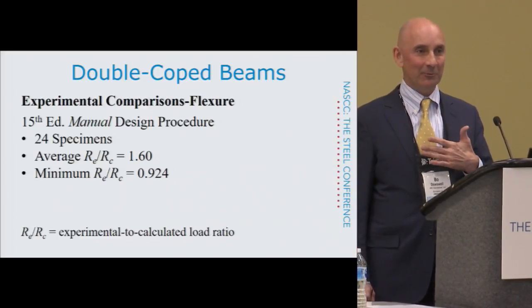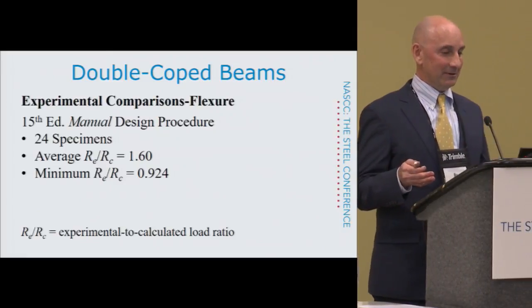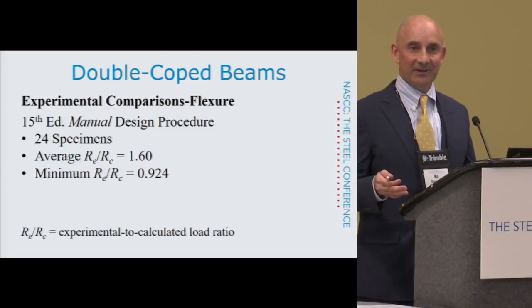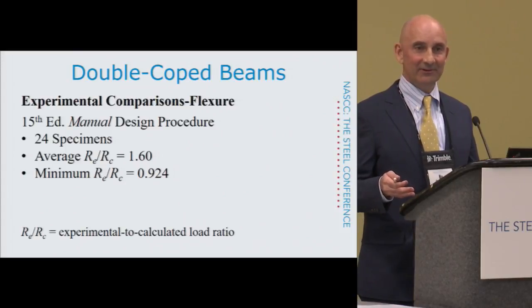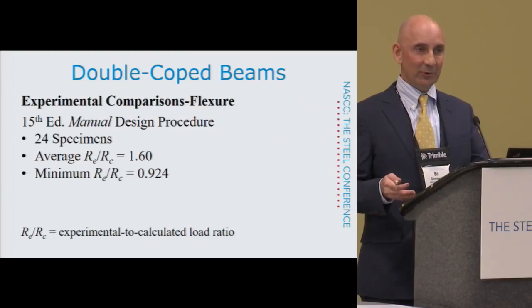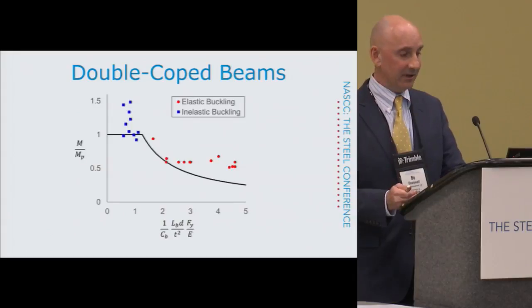So just in the simple guy world, there's not enough specimens to do a full-blown analysis of the data to find out what our phi factor should be. But it looks pretty good to me, 0.924 is greater than 0.9, which is our phi factor for bending.